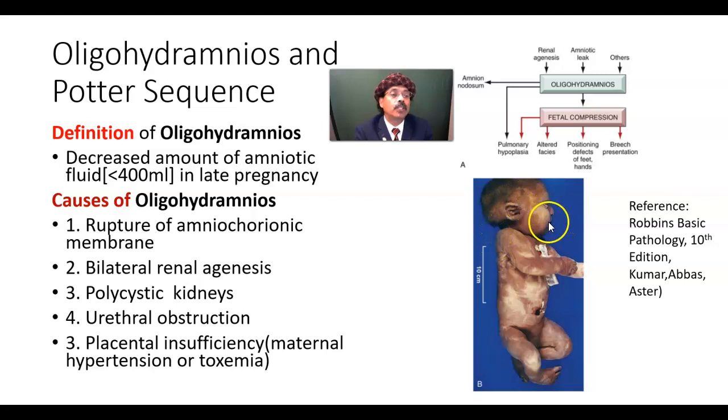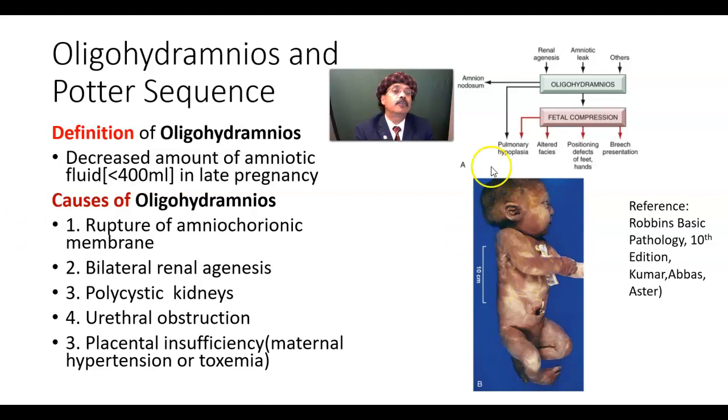It is swallowed and aspirated by the baby, and amniotic fluid is very important for the development of the lung because it contains a lot of growth factors and proteins like proline, so that will stimulate the growth of the lung and also help in the development of the connective tissue of the lung.